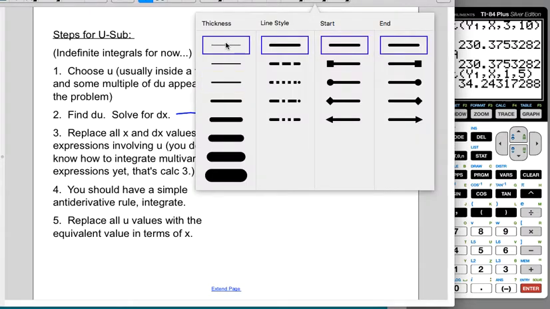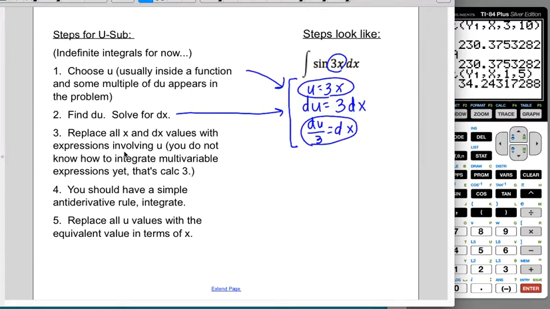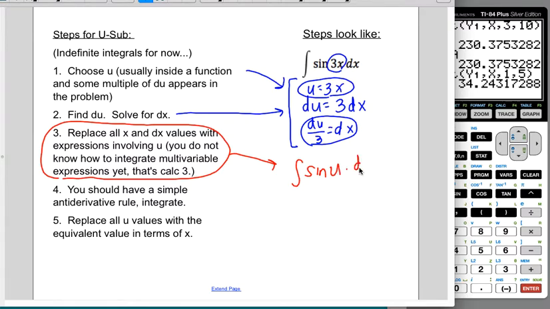Now let's do another step: replace all the values of x with u stuff. You don't know how to integrate multivariate things yet, meaning you don't know how to integrate with different variables in your integral, so you have to replace everything. So sine of u, because that's what I called 3x, and then instead of dx, I'm going to put du over 3. Well, that means I could just yank a 1/3 out in front of the sine of u du.